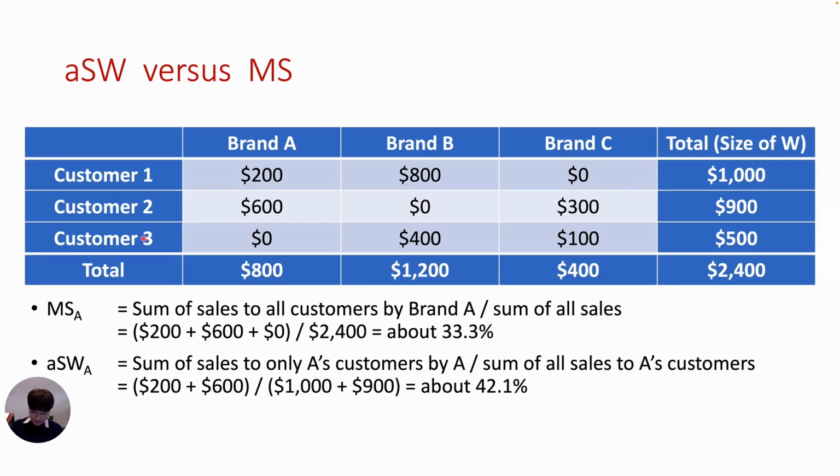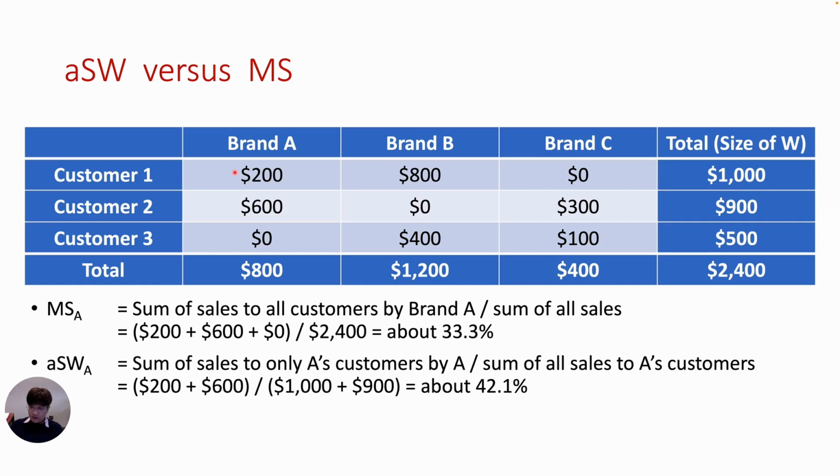However, customer 3 does not enter the computation of the aggregate share of wallet for brand A. The reason is that she didn't purchase brand A at all, and therefore she is not a customer of brand A. So, the aggregate share of wallet for brand A is given by the sum of sales of brand A to its customers divided by the sum of all sales of all brands to brand A's customers.